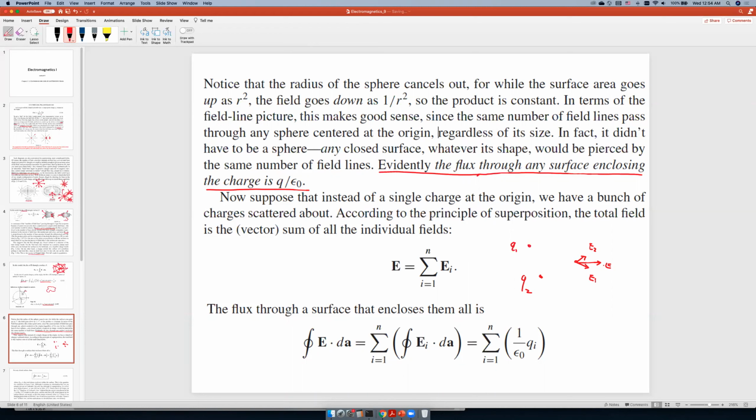And it's a vector sum, of course, because E1 and E2 are both vectors. So E equals the sum of Ei. If you have multiple charges, you just need to do the vector sum of all the electric fields generated by each individual charge. So E equals sigma Ei, I from 1 to n, where n is the number of total charges.